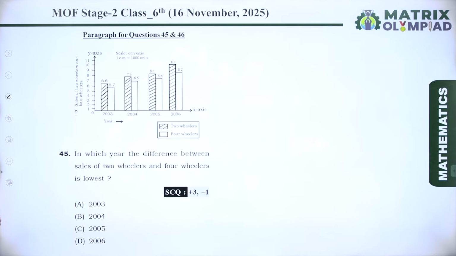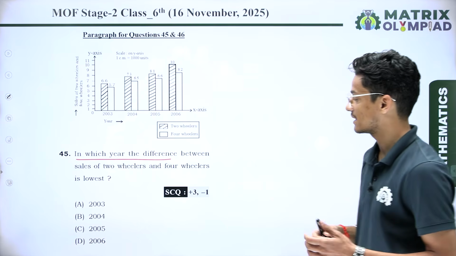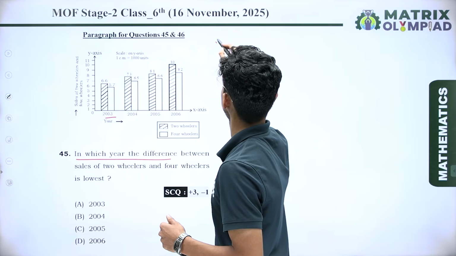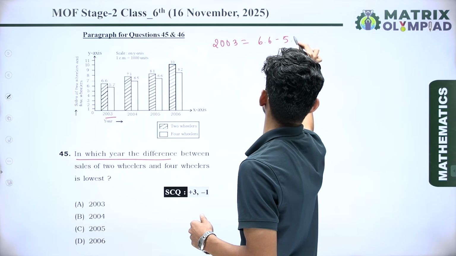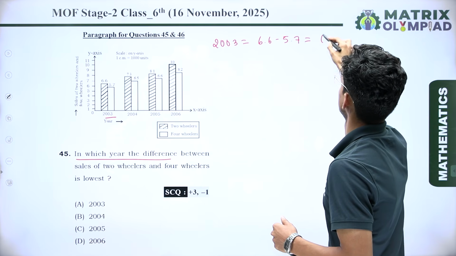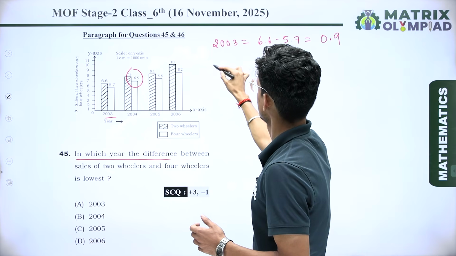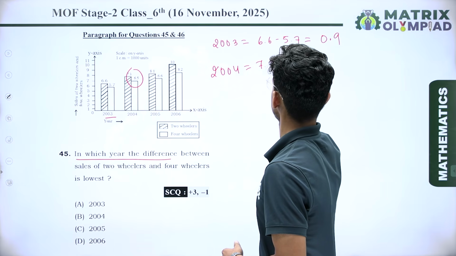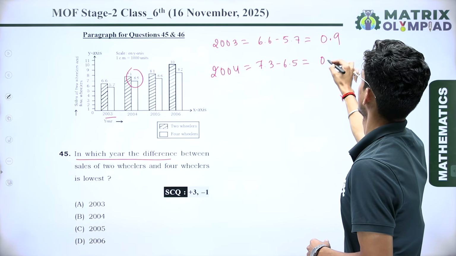Now the next question, which is again based on a paragraph: in which year is the difference between the sales of 2-wheelers and 4-wheelers lowest? In 2003, the difference is 6.6 minus 5.7, that is 0.9. In 2004, the difference is 7.3 minus 6.5, that is 0.8.